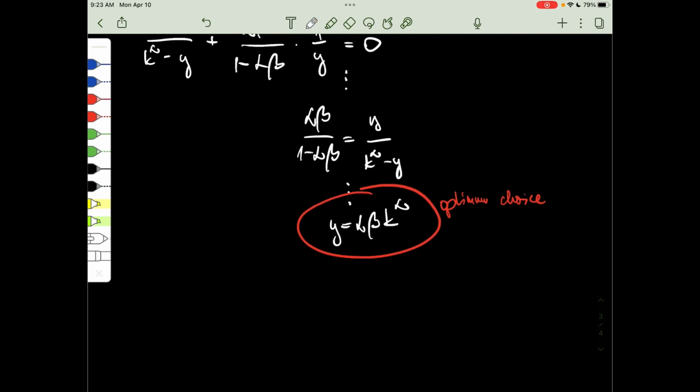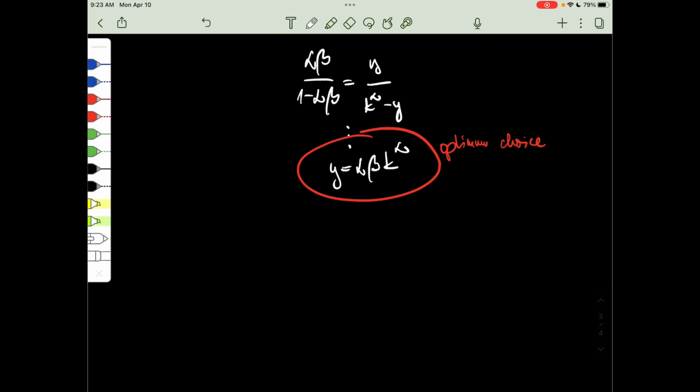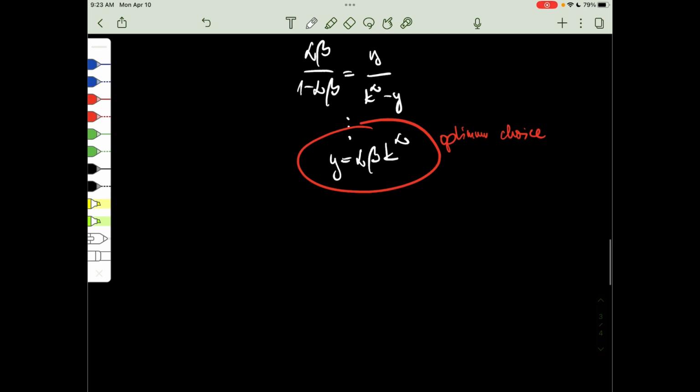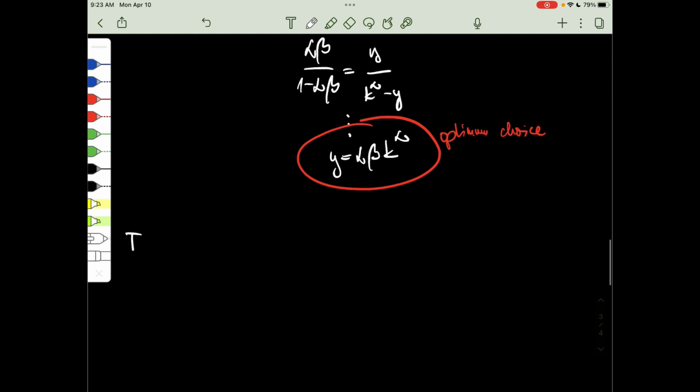So after the first stage of iterating with the Bellman operator, we will have this equation.